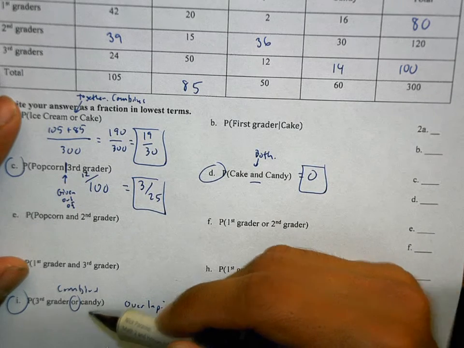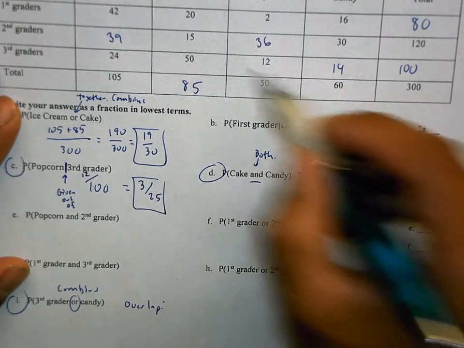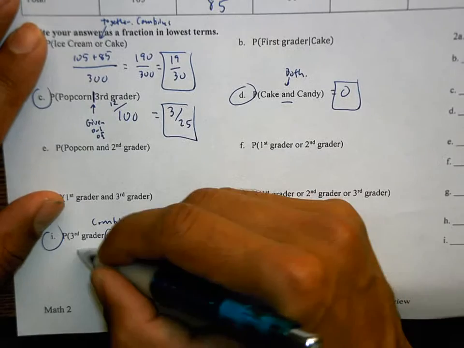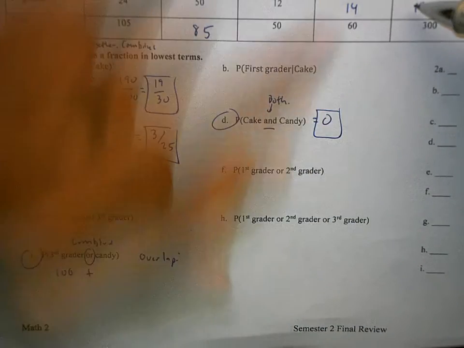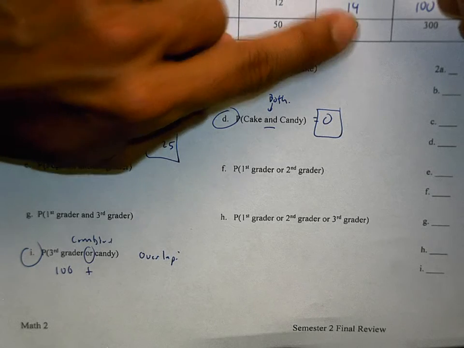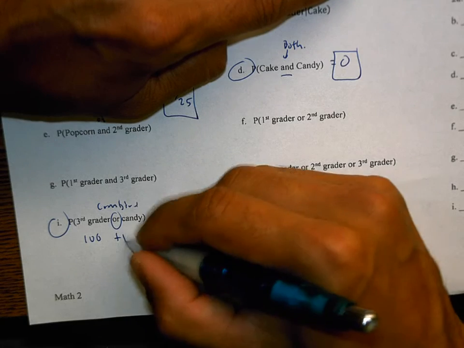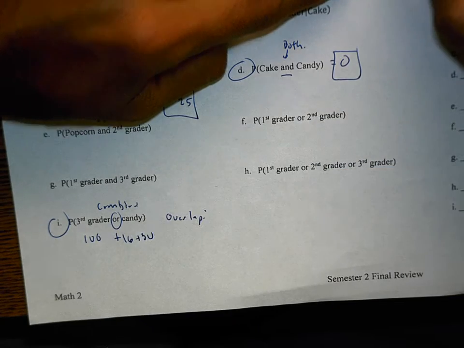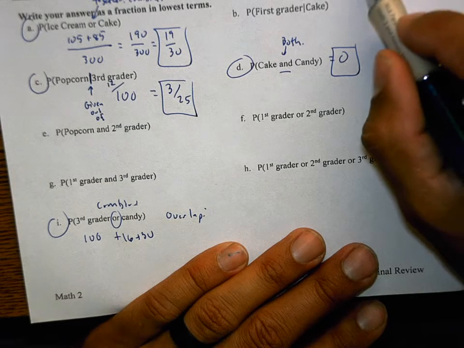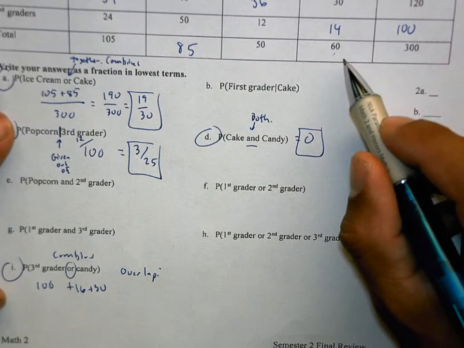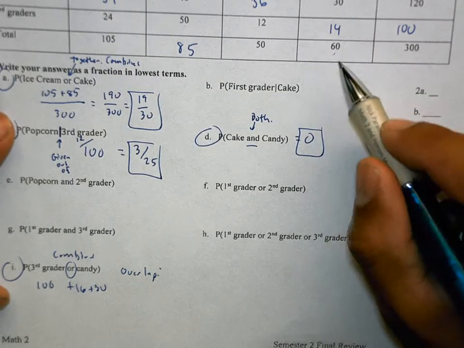So what you need to do is you need to figure out how I'm going to add up all the third graders. Let's say that there's 100. Plus what haven't we added for candy? We haven't added the 16 and the 30. I don't want to add that 14 twice. So I'm not using that 60 at all.